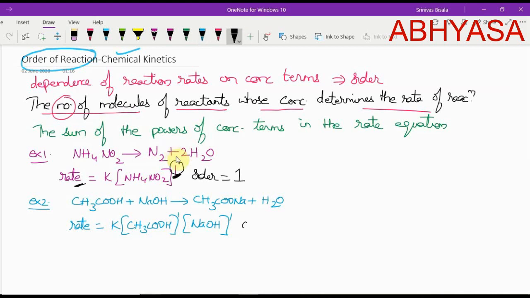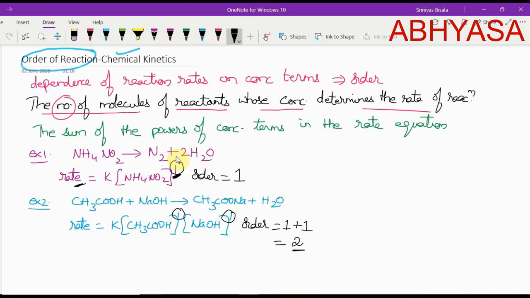So in order to get the order, we need to add these powers. This is 1 and this is also 1. So the sum of the powers of the concentration terms, that is called order.